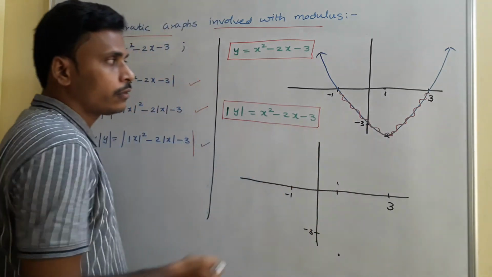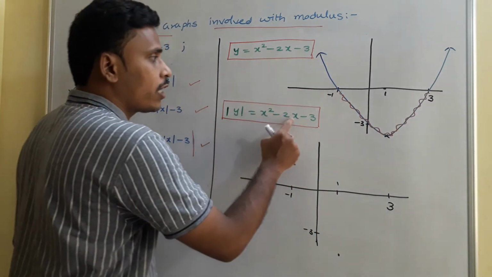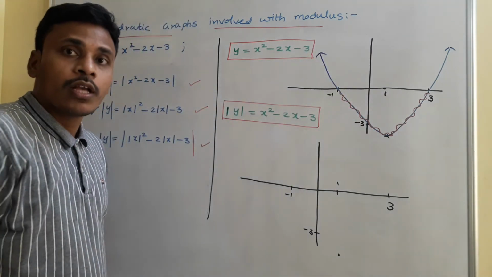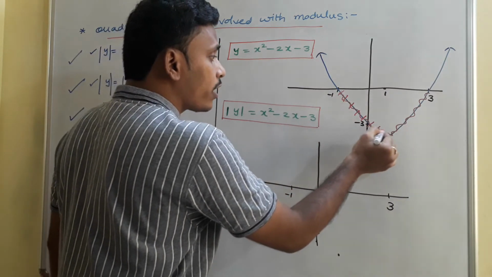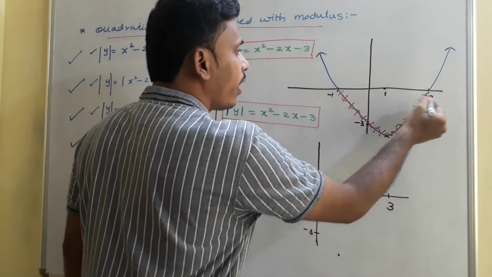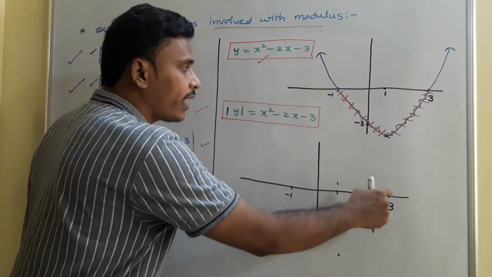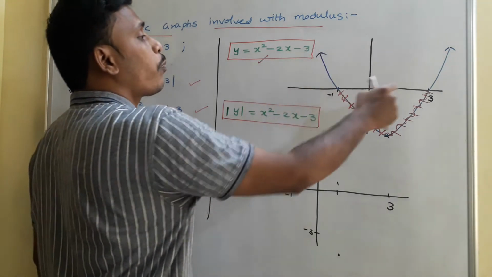This is the graph whenever x square minus 2x minus 3 is negative, that's why the graph is below x-axis, right? So you need to neglect this negative region to sketch the graph of the new one, okay? Actually this is there for the first one, but for the second one you don't take that part. You just take the part which is positive.